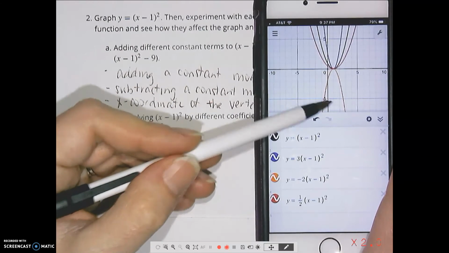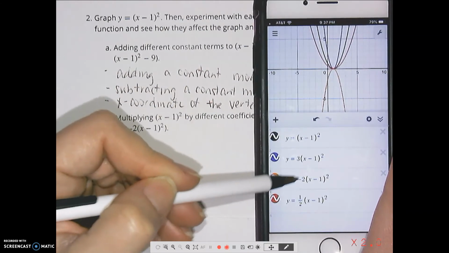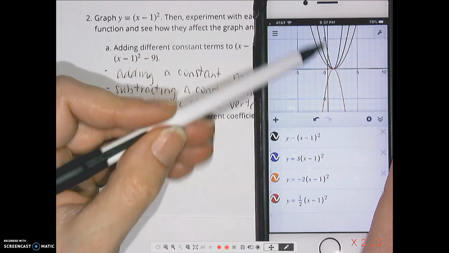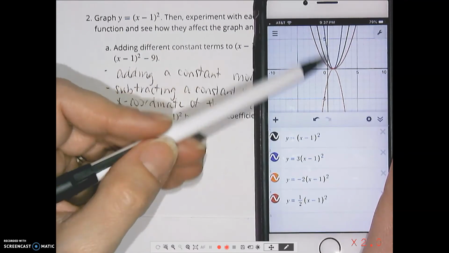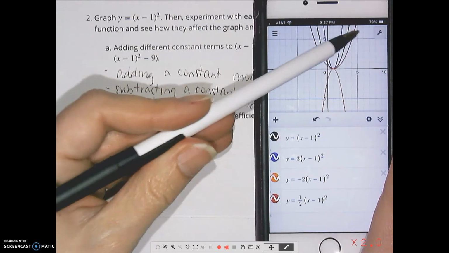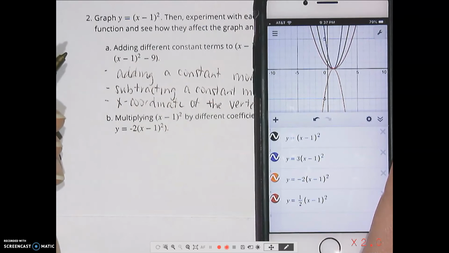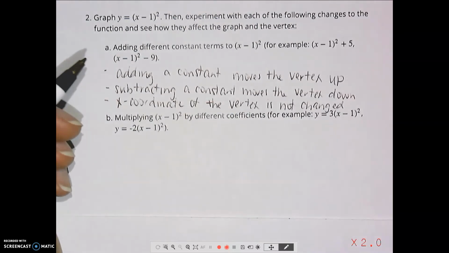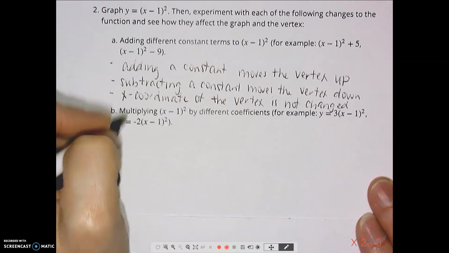What made the orange one face down? Yeah, that negative there. In relationship to the original, the purple is the skinniest, and then the orange is the next skinniest. The widest of them would be the red, the y equals 1/2 times the quantity x minus 1 squared.